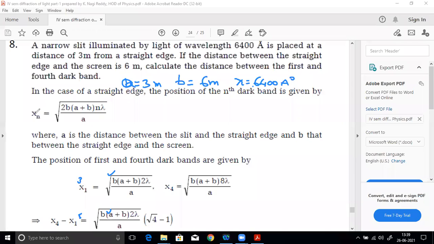We have already derived this in the theory class. For x1, take n equal to 1, so 2 into 1 gives 2. For x4, in the place of n take 4, so 2 into 4 gives 8 lambda b into (a plus b).